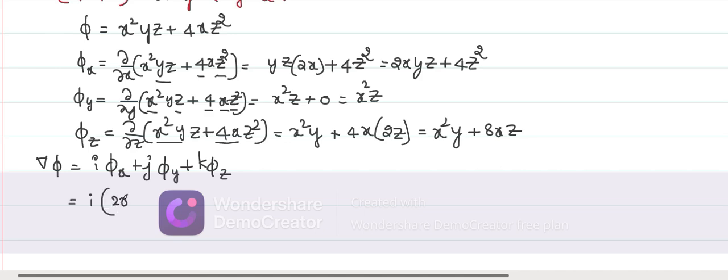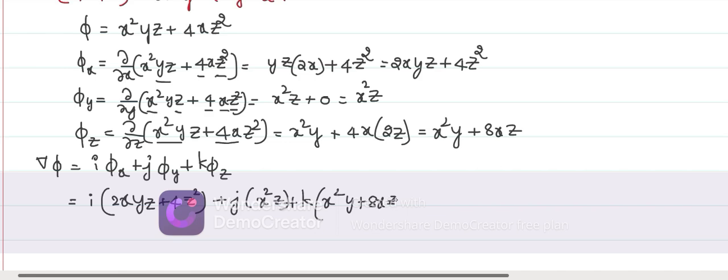It is 2xyz plus 4z square, plus j into, what is phi y? It is x square z, plus k into, what is dou phi by dou z? It is x square y plus 8xz.